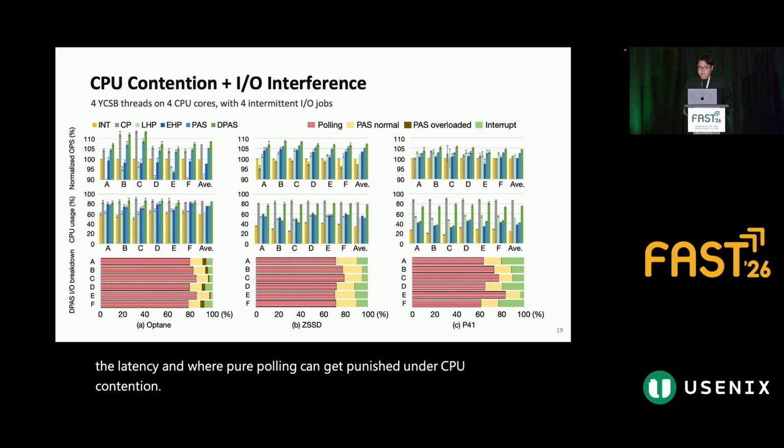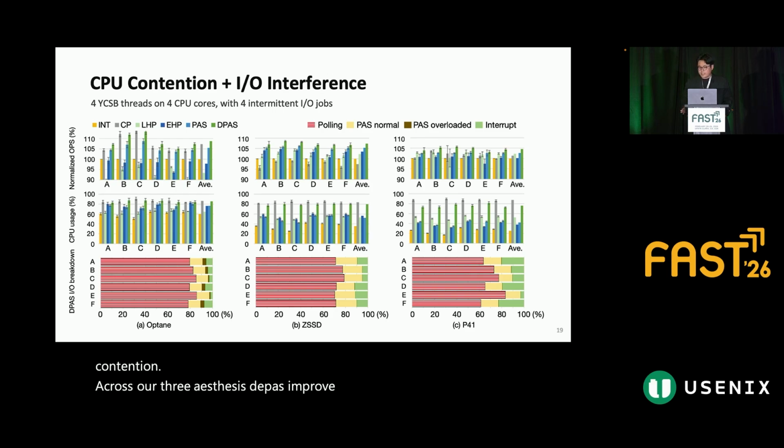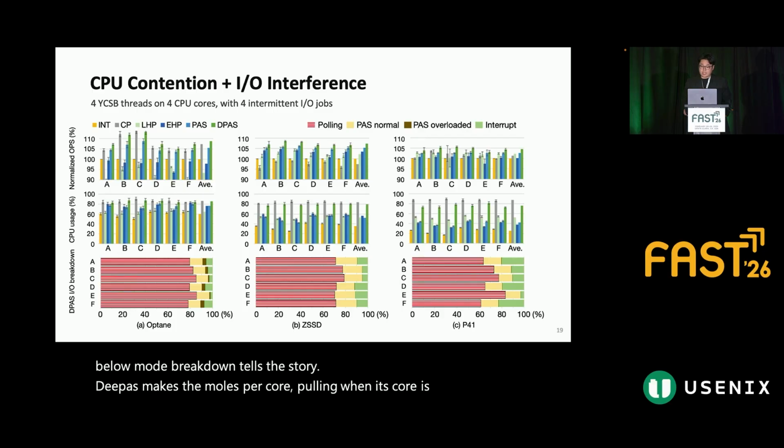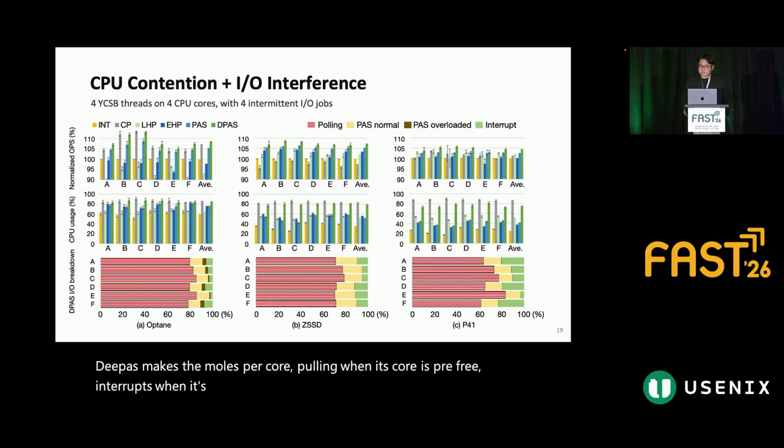Across our three SSDs, DPAS improves average throughput over interrupts by about 9%, 7%, and 5% on the different devices. And the mode breakdown below tells the story. DPAS chooses the mode per core, polling when its core is free, interrupts when it's not, so it works like an automatic transmission, not a fixed gear.